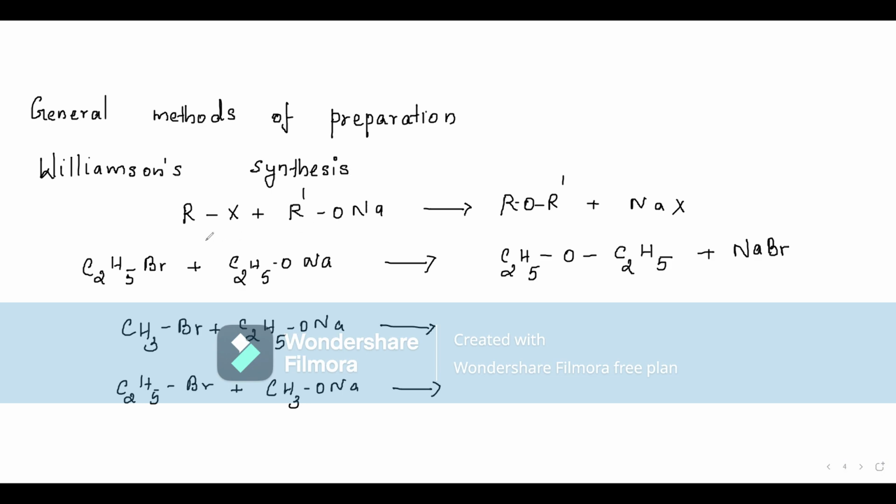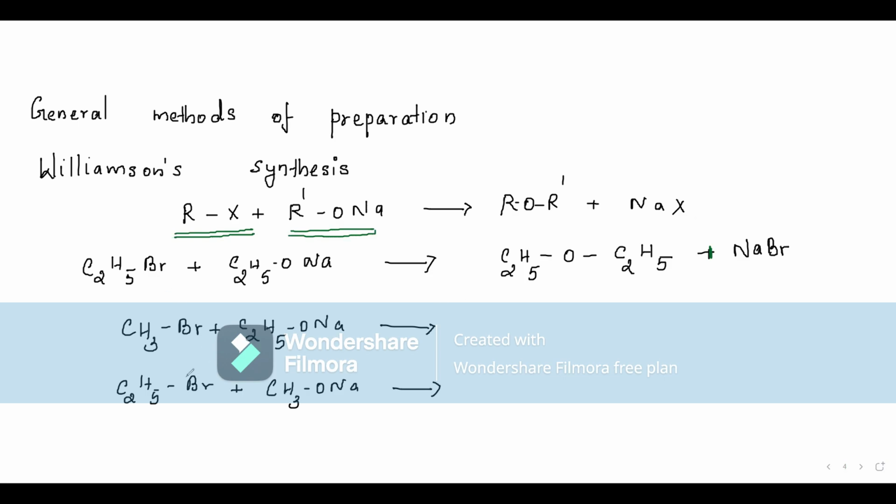In Williamson synthesis, you can notice here, alkyl halides, RX, are treated with the sodium salt of alcohol, and the result is an ether along with NaX, sodium halide.